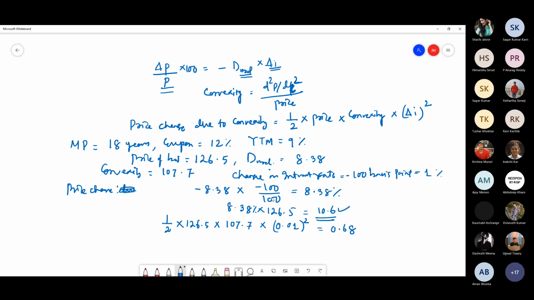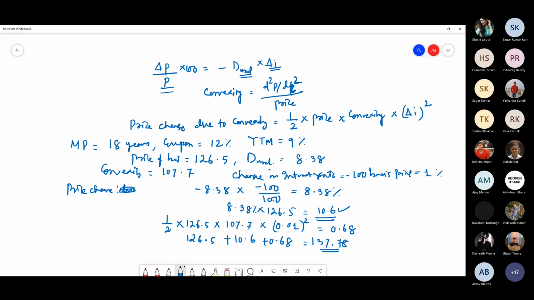Now if you want to calculate the combined effect, it will be 126.5 plus 10.6 plus 0.68. That will give you the total price of that particular bond after the 1% decrease in the interest rate.